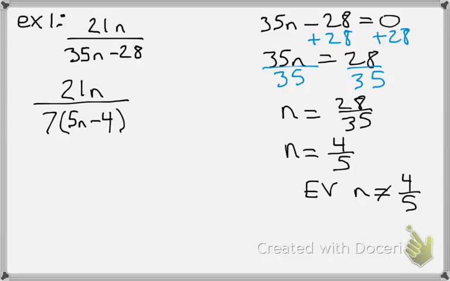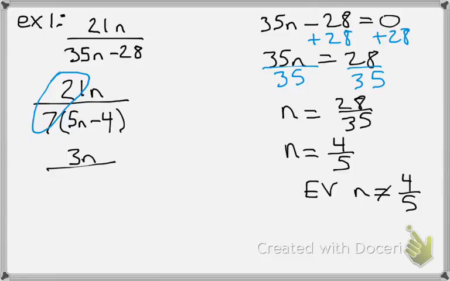So now we've completed step 3. We've factored out our denominator. Now we need to look to simplify. I'm looking at this 21 over 7. They are both divisible by 7, so they essentially cancel each other out in a way. Or in other words, another way to think of it is we are dividing both the 21 and the 7 by 7. So 21 divided by 7 gives me a 3n left at the top.